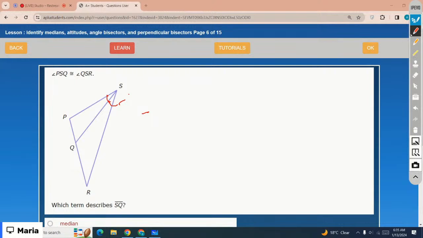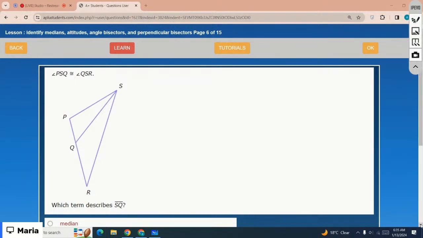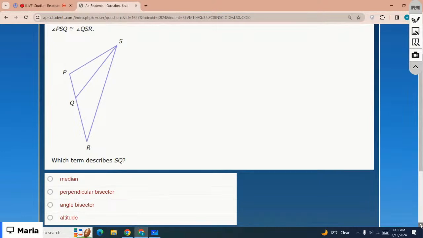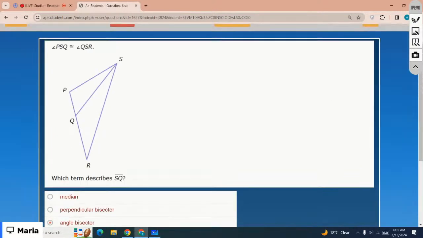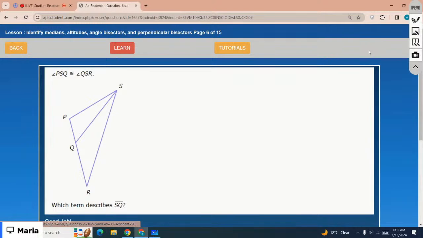That means SQ divides the angle S into two equal parts, right? So that is the angle bisector. Angle bisector it is, right? That just divides the angle into two equal parts. So that is the angle bisector. Got it?